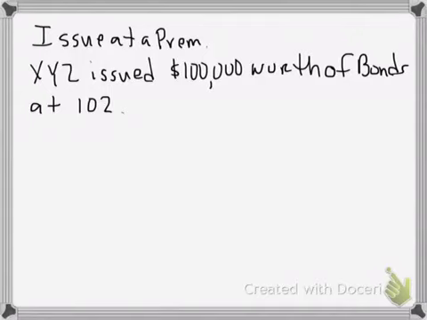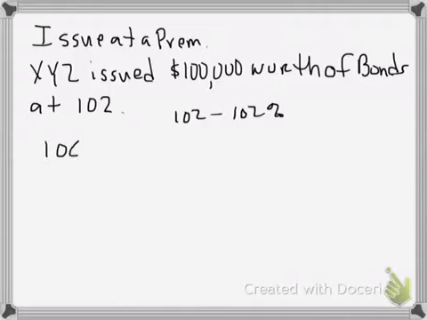The first thing we have to do is figure out what we are receiving for the bond. So if it's issued at a premium, an example is XYZ issues $100,000 worth of bonds at 102. Now what that 102 means is it means 102% of the face value.